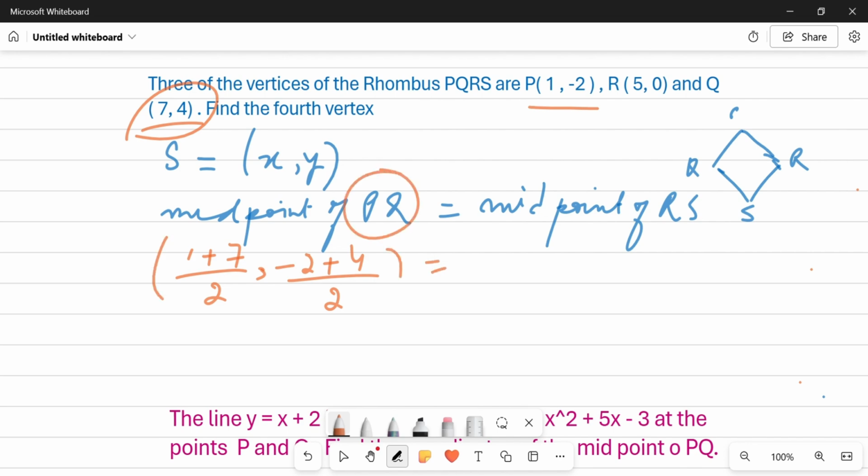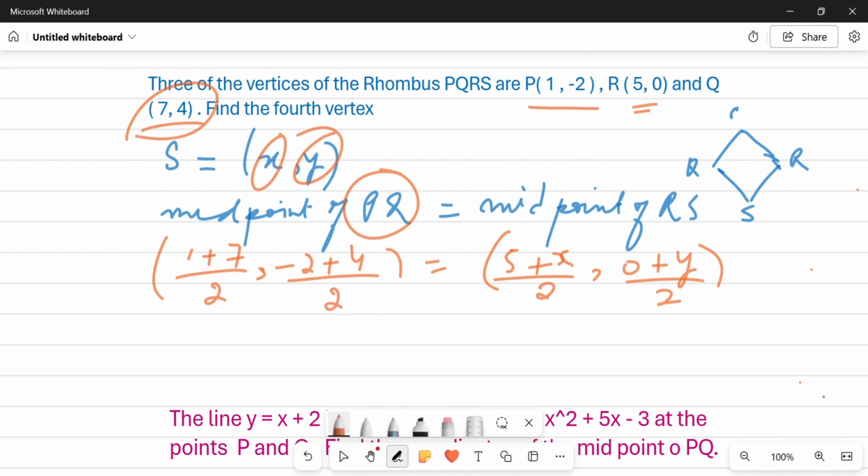Equals the midpoint of RS. R is 5, 0, so 5 is x1, plus x2, which is x, over 2, and y1 is 0, plus y2, which is y, over 2.